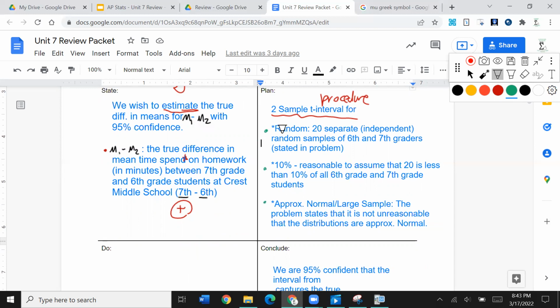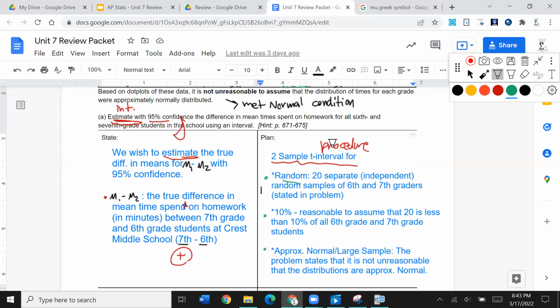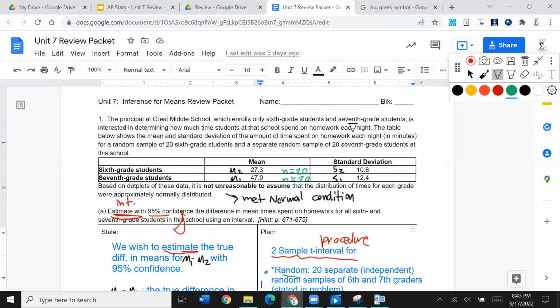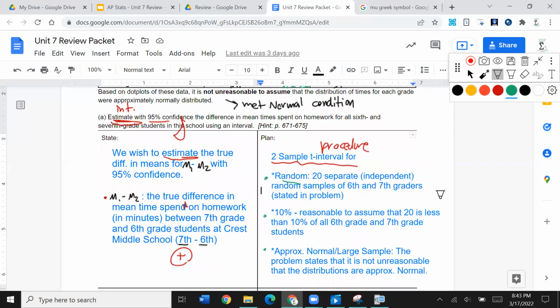Now, in this problem, it states that 20 separate independent random samples of 6th and 7th grade students were taken. Right up here, it says a random sample of 26th grade students and a separate random sample of 27th grade students. Now we have to assume that the 10% condition is met.